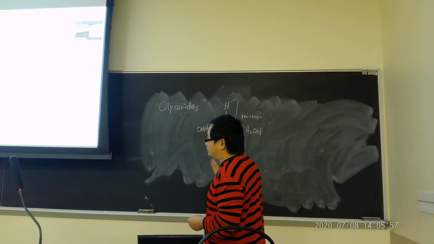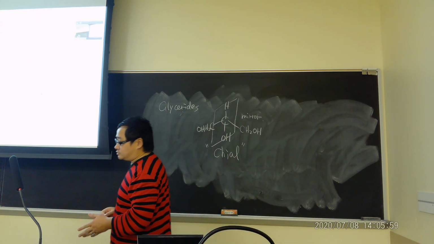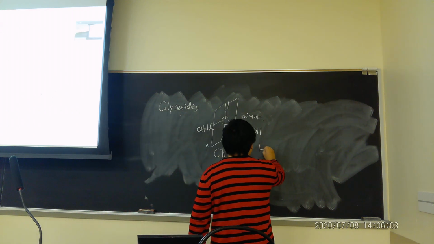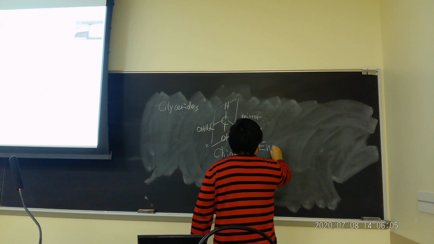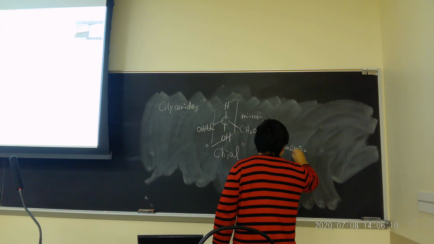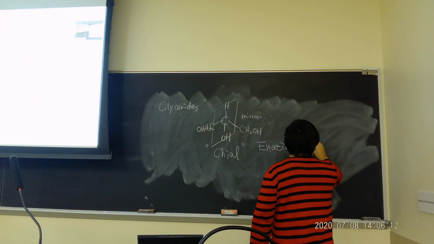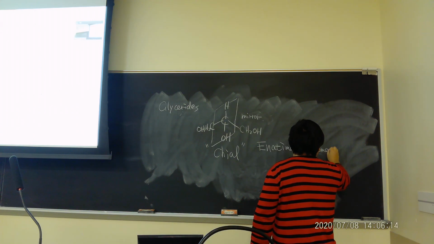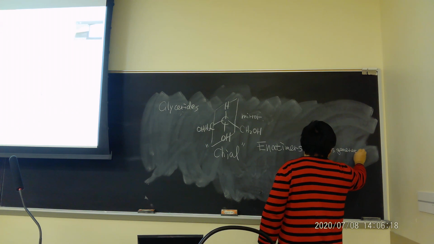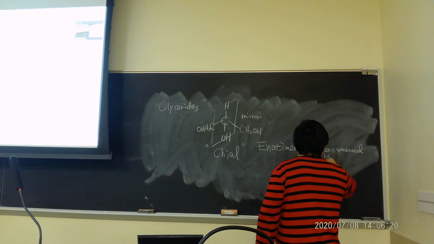Okay, now the chiral is very important. Because of these characteristics, we generate a terminology called enantiomers. What does that mean? Which means isomers generated by mirror.